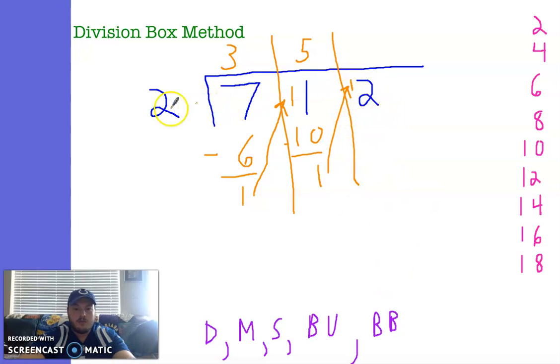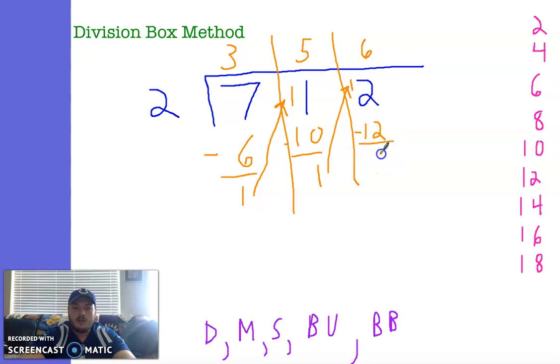So I've got 12 divided by 2. So again, we're going to look at our list of multiples and see what is the closest to 12 or equal to 12. I go 1, 2, 3, 4, 5, 6. I notice I've hit 12, so I don't need to find the thing closest to it because it's exact. I've found my division. Now I multiply 6 times 2, which is 12.